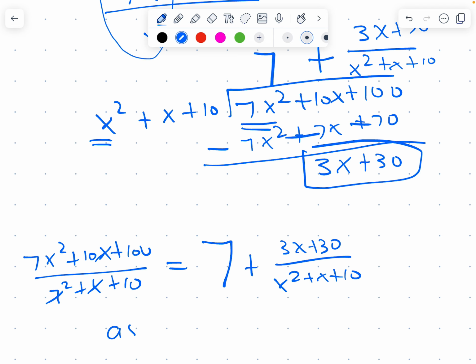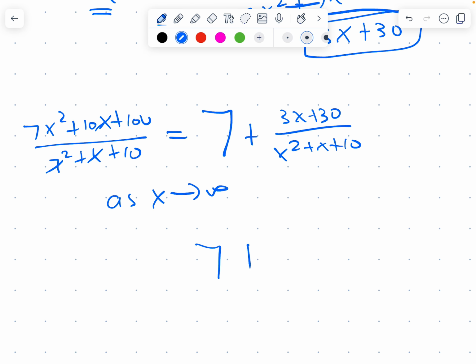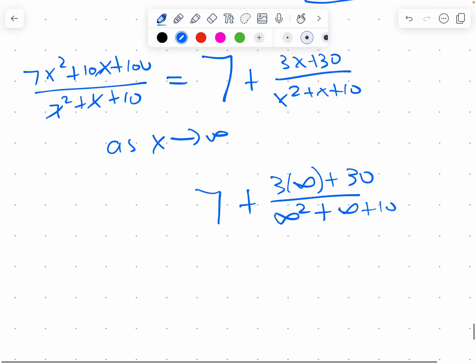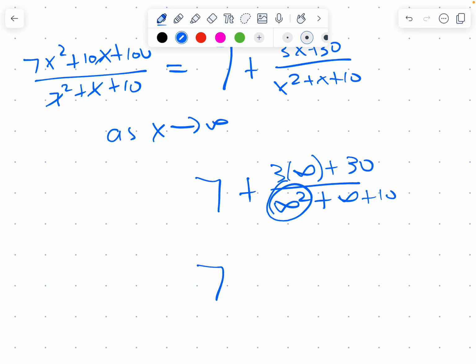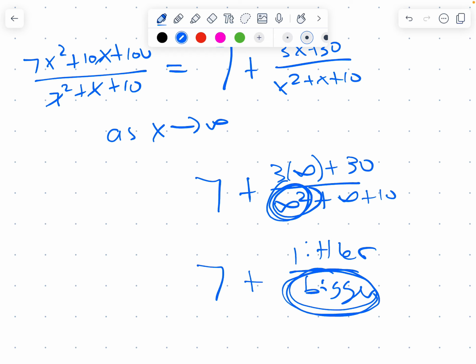So as x approaches infinity, let's go ahead and plug in infinity here. 7 plus 3 infinity plus 30 over infinity squared plus infinity plus 10. Now, infinity squared is a lot bigger. So we have littler and then bigger. And as you get closer and closer to infinity, this one gets bigger and bigger relative to this one. And so this eventually goes to 0 as you approach infinity.